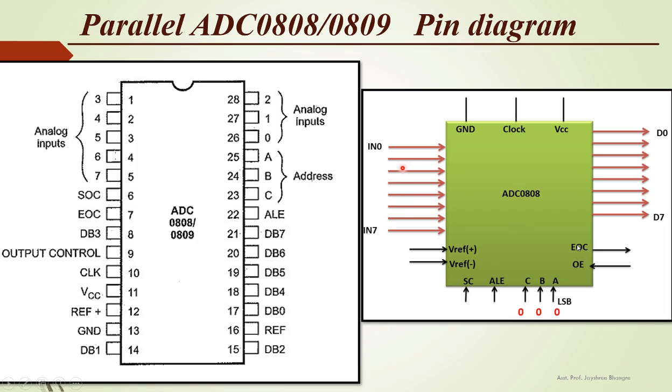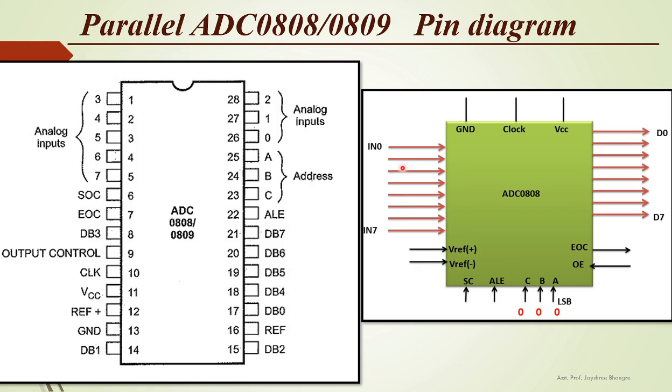So this indicates the end of a conversion, and here OE, that is the output enable pin, is used to read data out of the chip. This is also similar to the read pin of a 0804 ADC. VCC pin is available, then clock pin is available, ground pin is available, and to read the 8-bit data, the D0 to D7 data pins are available.